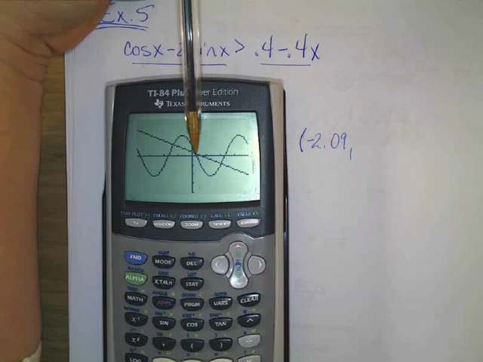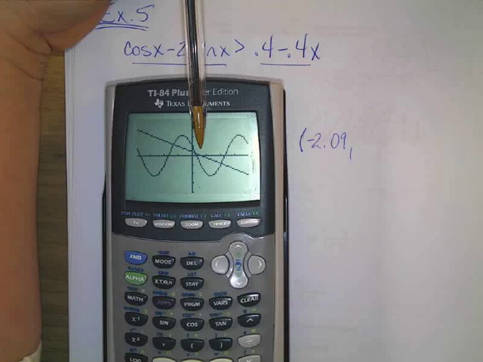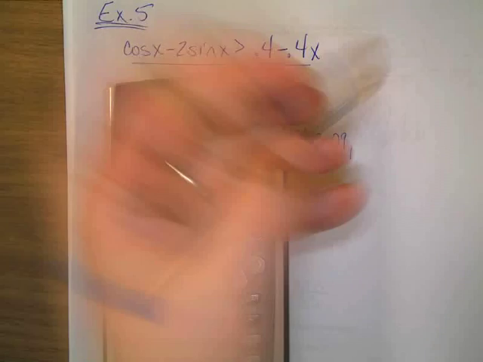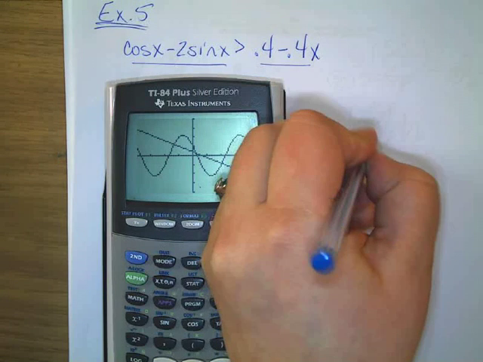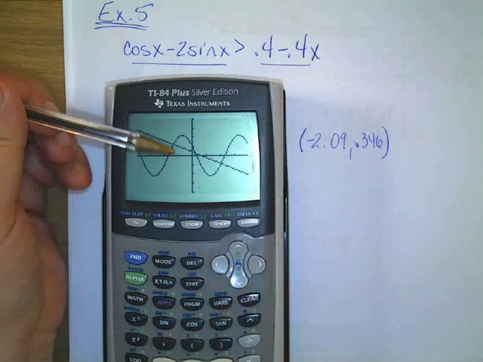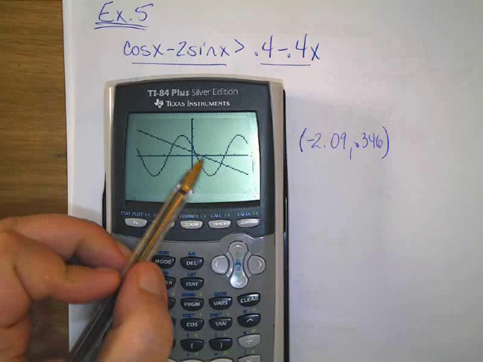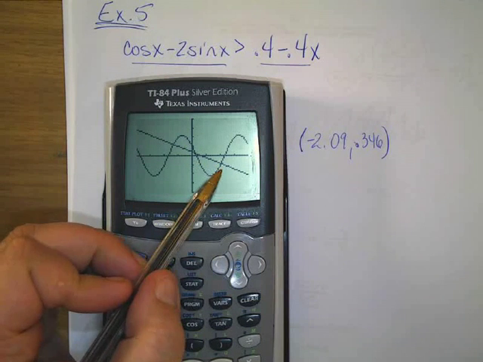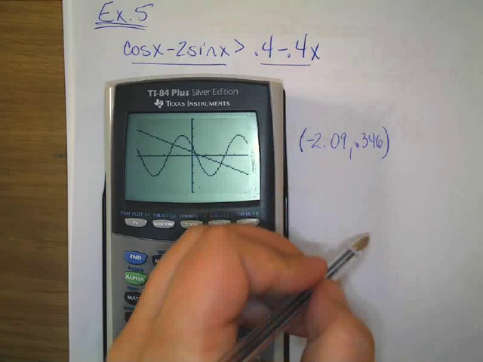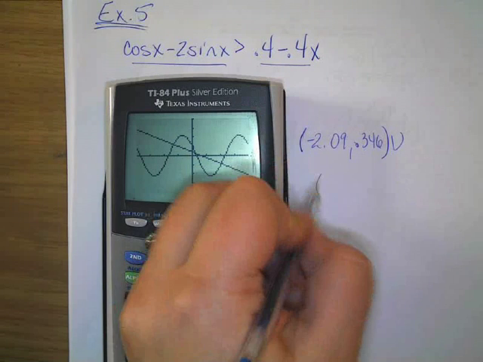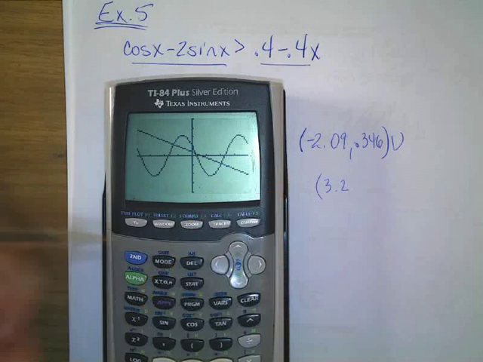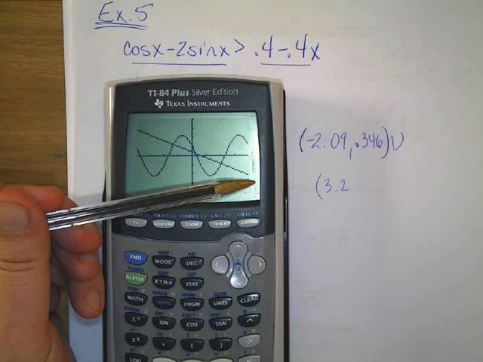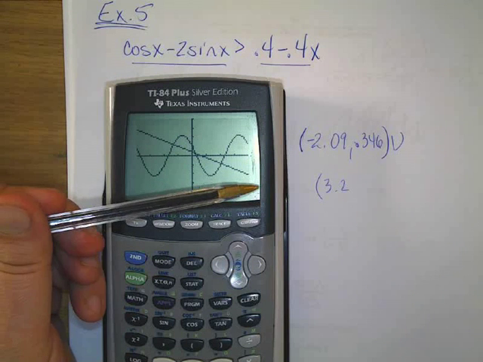And then what you guys get is this intersection. Okay, so it's greater here to here. And then I know it goes less than, so I don't care about this, but I know it starts being bigger right here. So can we also find that intersection? 3.2. So union 3.2. Now, I'm not sure if it crosses again over here. So should we maybe check it out? Yeah.